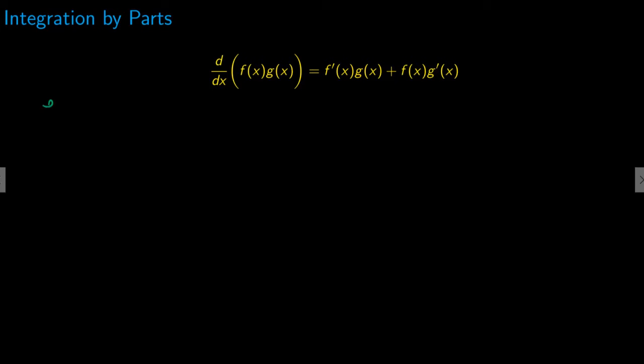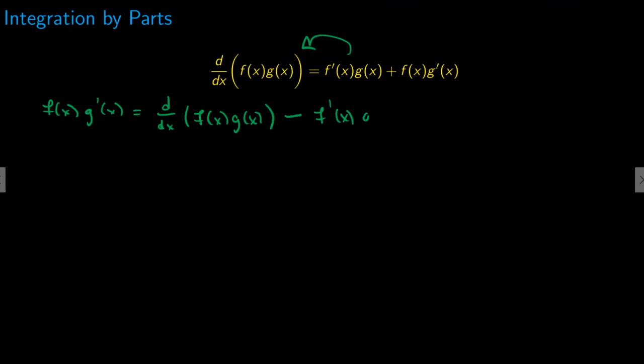So I'm going to get f of x times g prime of x is equal to d by dx of the product f of x times g of x minus, I'm going to take this function and move it over, so I'm going to have minus f prime of x times g of x.